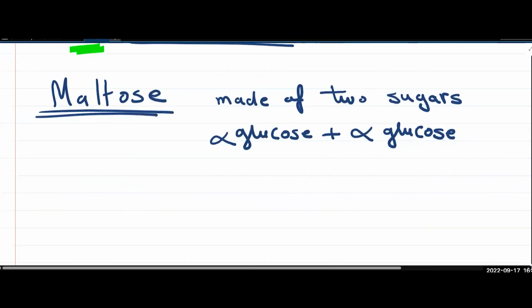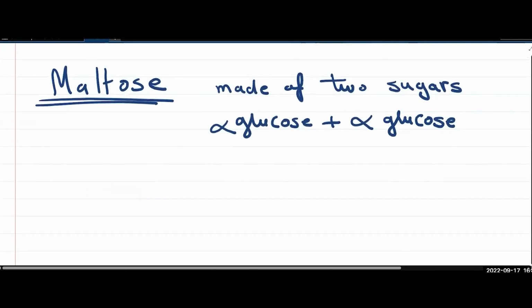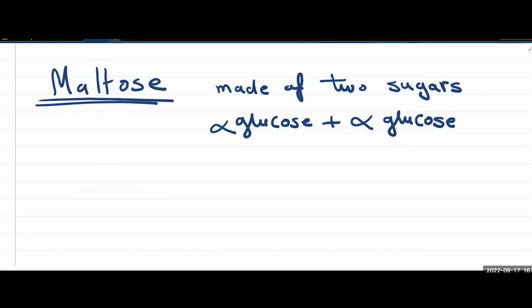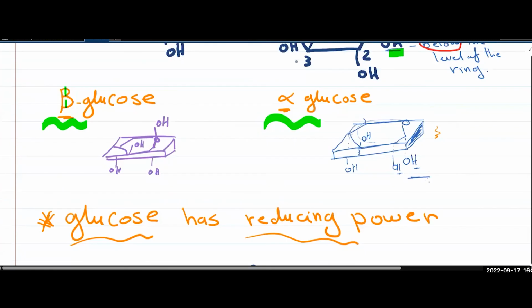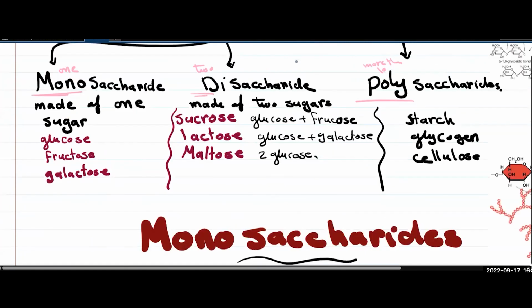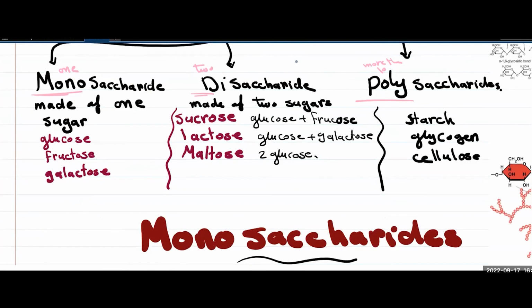So how will two alpha glucose be bonded together? Yes, Shahd, which part do you want me to repeat? I will say it again. Maltose, as I said at the beginning of the session, we have carbohydrates we call disaccharides, which are made up of two sugars. Okay, Shahd, let me finish maltose, then I will go back to fructose one more time.